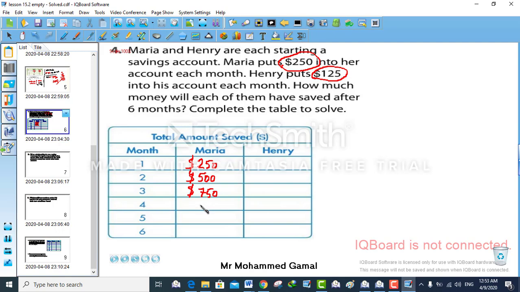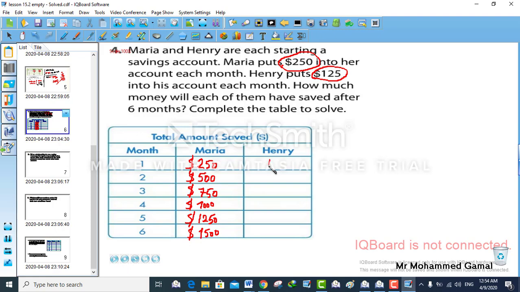Another 250 is going to be exactly 1,000. Another 250 will be $1,250. Finally, another 250 is going to be $1,500.